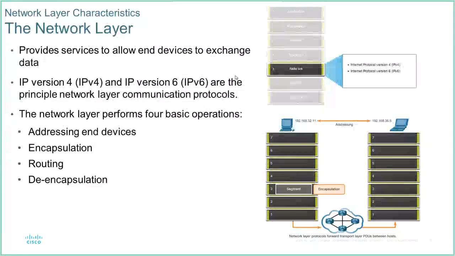Remember, when it comes down from transport layer into network, it becomes an IP packet after it gets encapsulated with the headers for this layer. We'll look at how routing works and then de-encapsulation at the final destination.